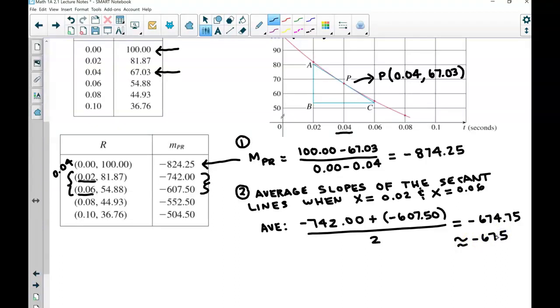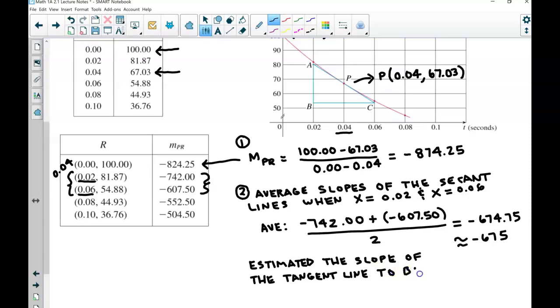So what we've done is we estimated the slope of the tangent line to be negative 675.